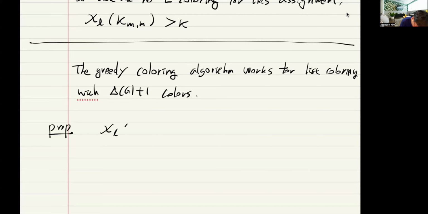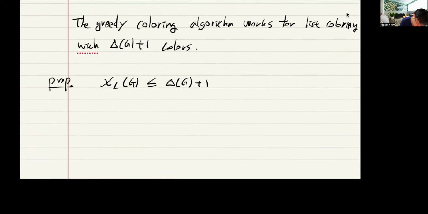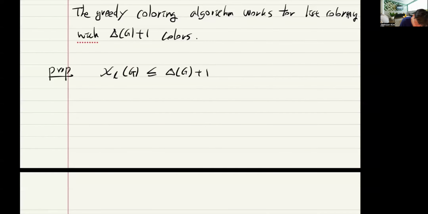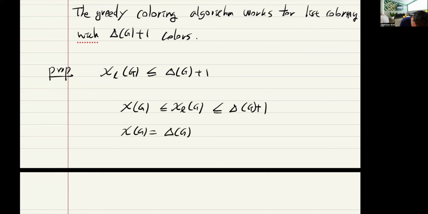So you know that its list chromatic number is also bounded by the maximum degree plus 1. And also, because you have a chromatic number and list chromatic number, then you know that this is exactly delta plus 1 only if G is, say, K delta plus 1, or an odd cycle, a complete graph or a cycle.